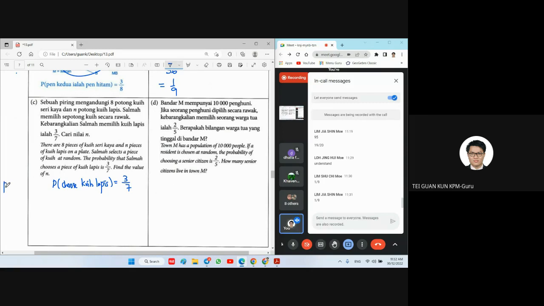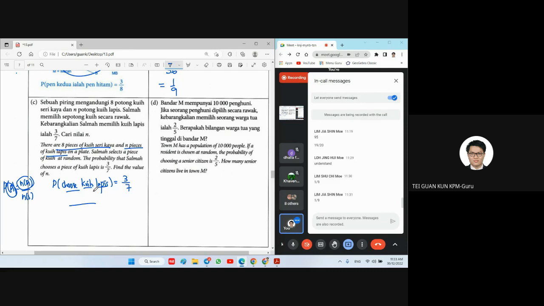Okay, probability of A is equal to the number of A divided by the sample space. So the number of A here is the event A. The event here is choosing kuih lapis. So how many kuih lapis? 8 pieces of kuih seri kaya, n pieces of kuih lapis.